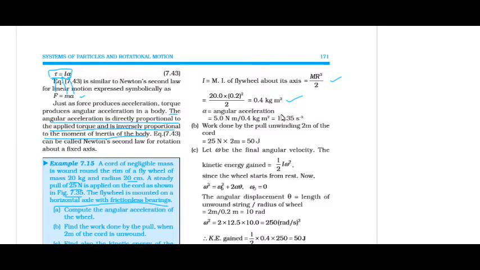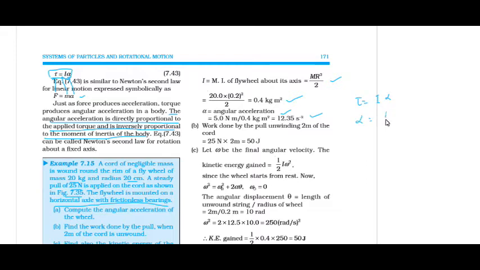Alpha is the angular acceleration. Tau is equal to I alpha.